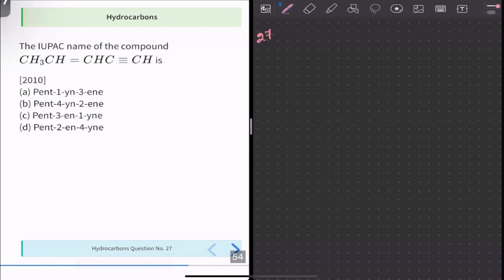Question number 27. IUPAC name of the compound. What is the compound given here? CH3, CH, double bond CH, C, triple bond CH. So we have to find out the principal group first.